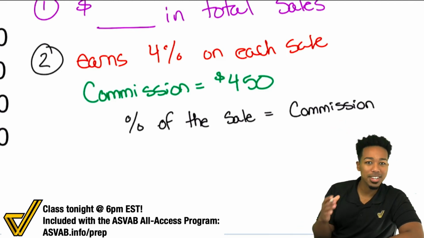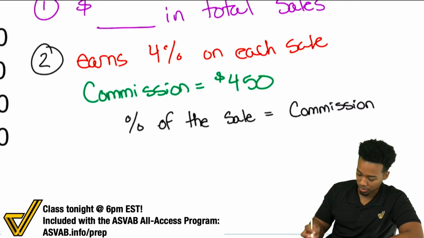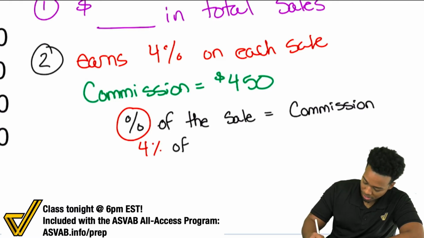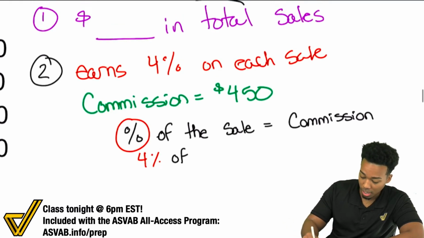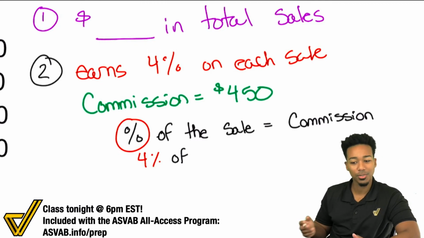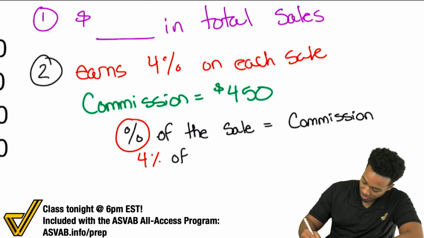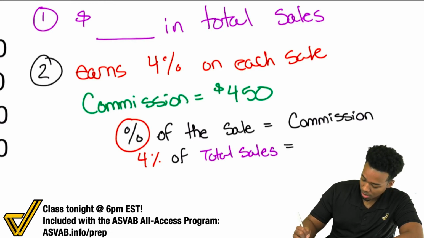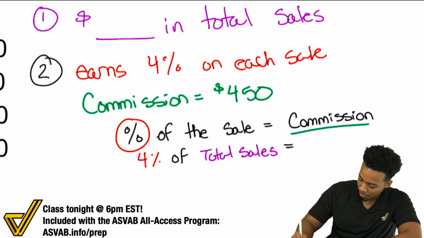So again, think about it in English, because this is how it's going to show you that you're actually going to be working backwards. Because here we go. The percent, so 4% of the sale, which is what we're looking for, the 4% of the total sales equals the commission, the $450 commission right there.